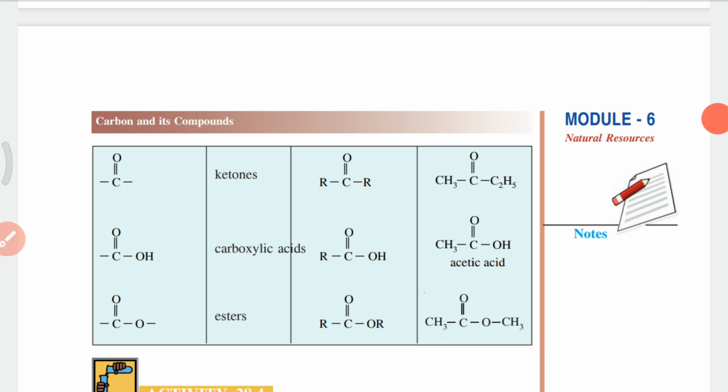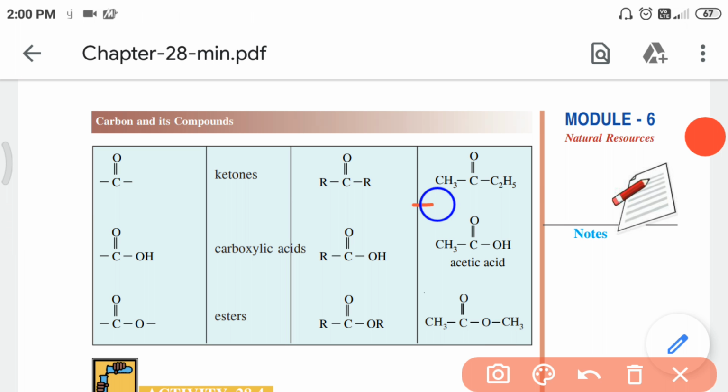Ketones have only double bond O. It should be in the middle. You can see the example. It should be in the middle, where the carbon atom attached by double bond to O has no attached hydrogen atom.